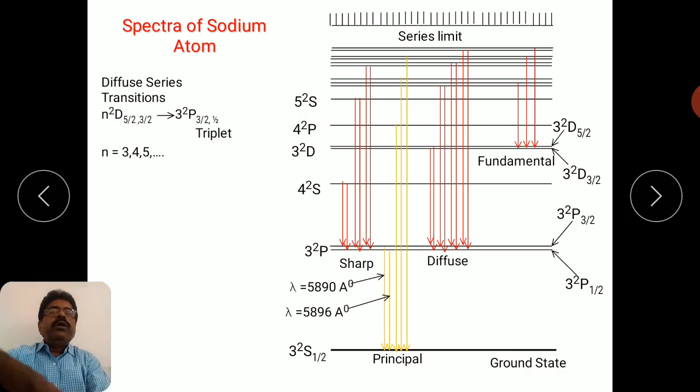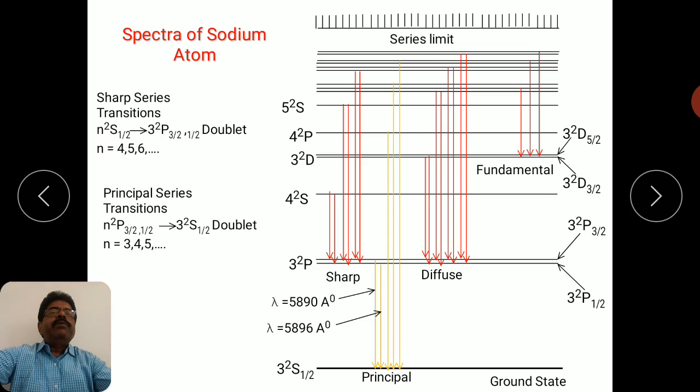Now the earlier two, the sharp series and the principal series, I have represented as doublets. Earlier, while studying the spectral notations, I told you that depending on the particular values, the energy level can be a singlet, doublet, or triplet energy level. So accordingly, the sharp series and the principal series both constitute doublet levels: the sharp first one here, and this yellow one, the principal series.